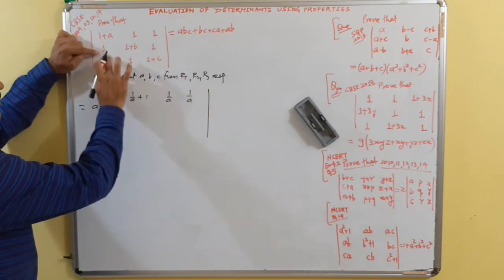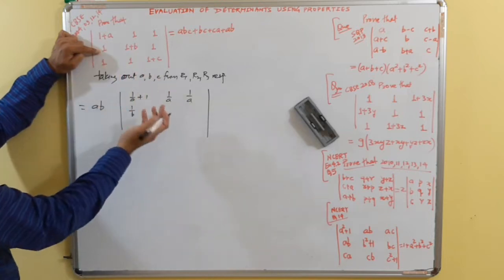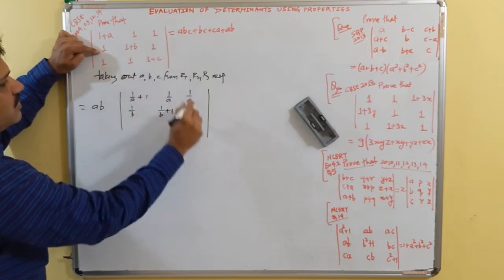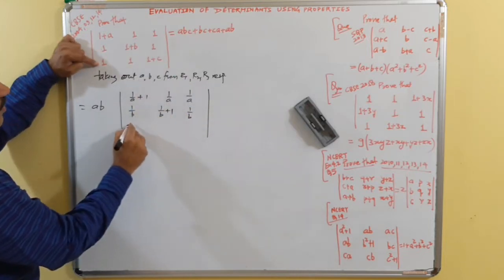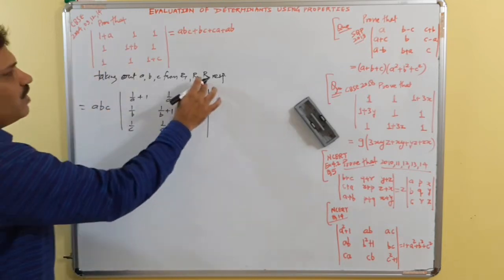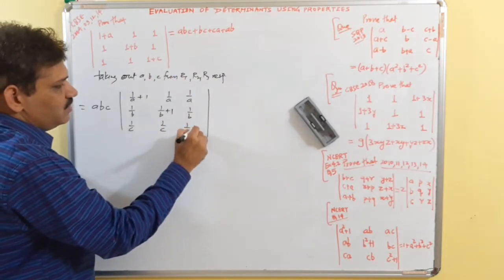This will give me 1 upon B, and B into 1 upon B will give me 1. So this is 1 upon B plus 1, and this is 1 upon B. Now this is 1 upon C, this is 1 upon C, because C we have taken common from R3, and this is 1 upon C plus 1.